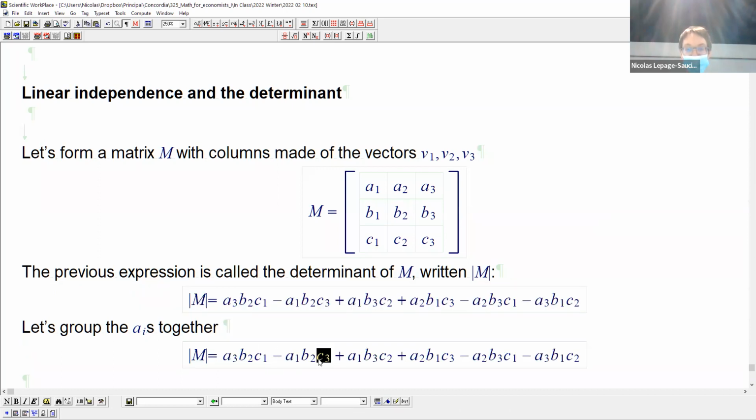So let's put the A1 in front, and then have the A2, and A3 at the end.